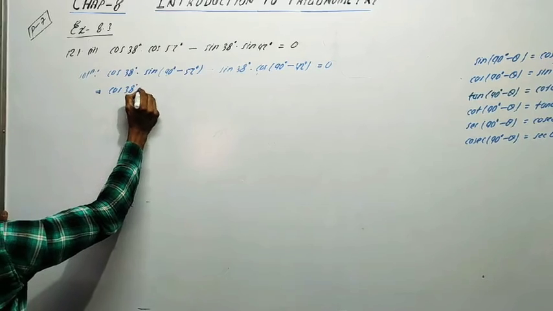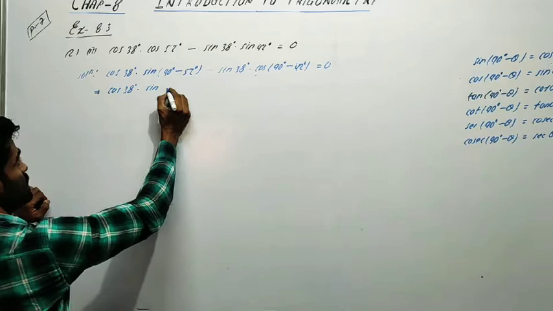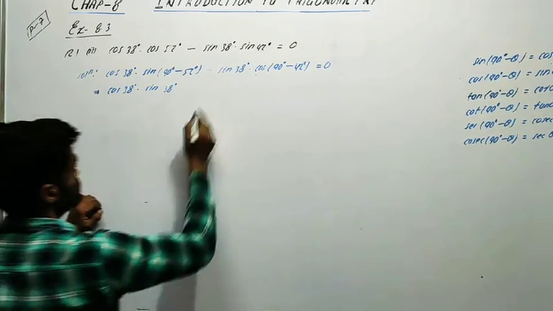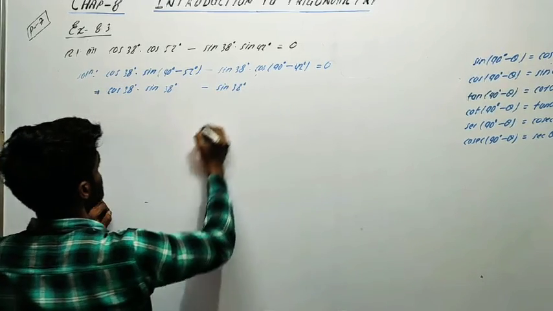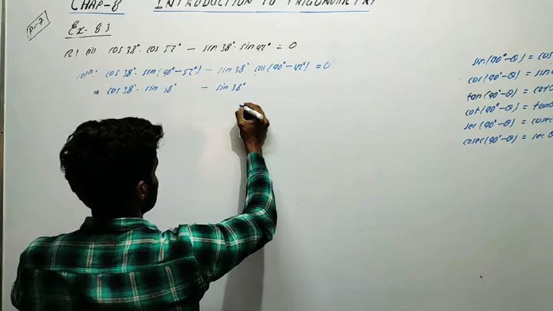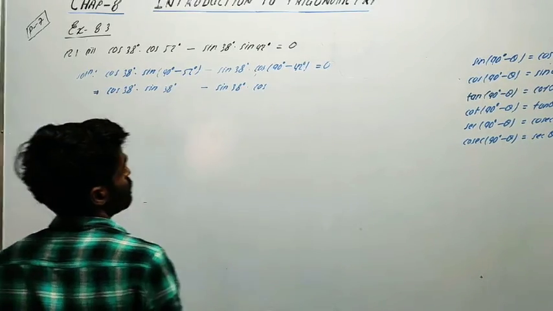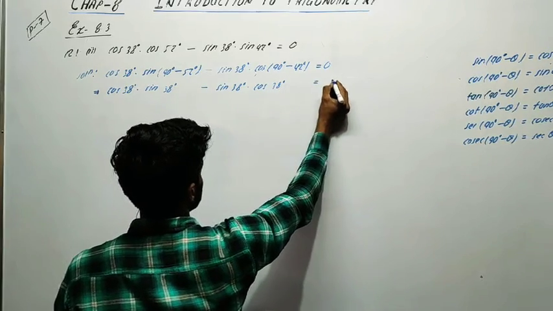Cos 38 degree into sin, the difference is 38, minus sin 38 degree into cos 38 degree is equals to 0.